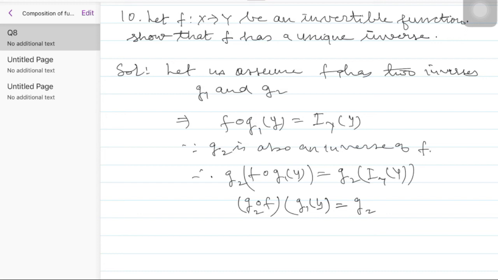Since Iy is the identity function, Iy of y is equal to y.